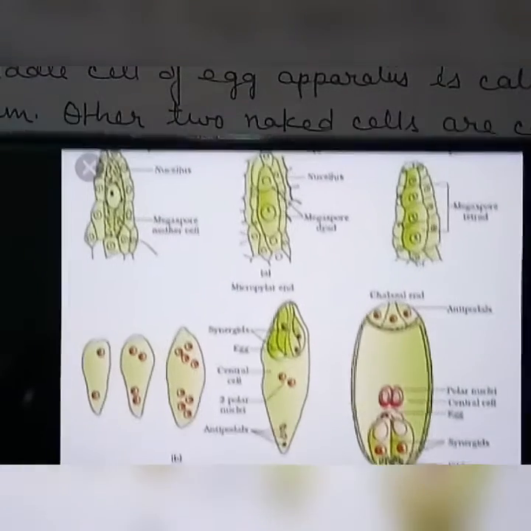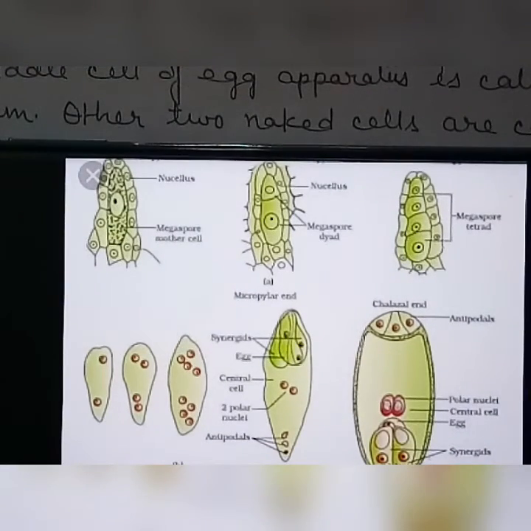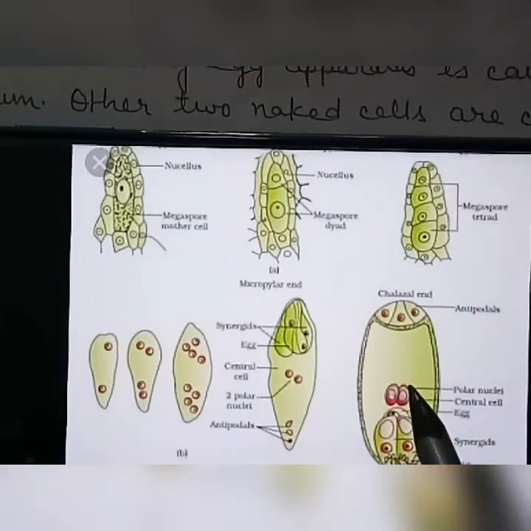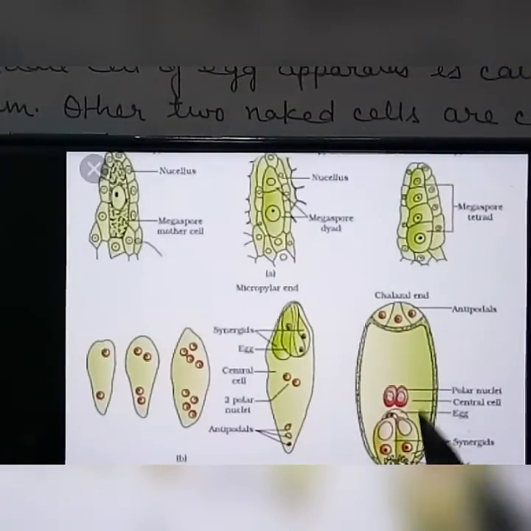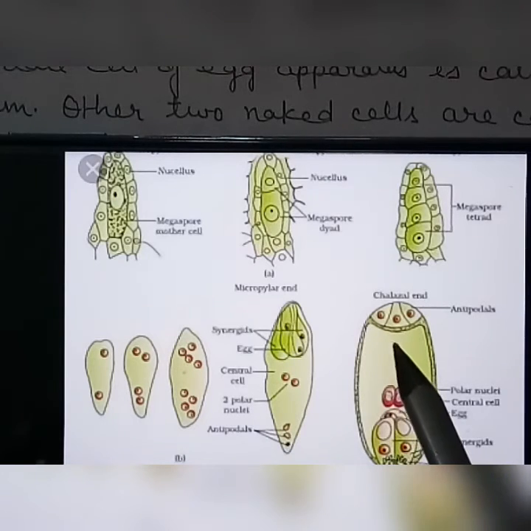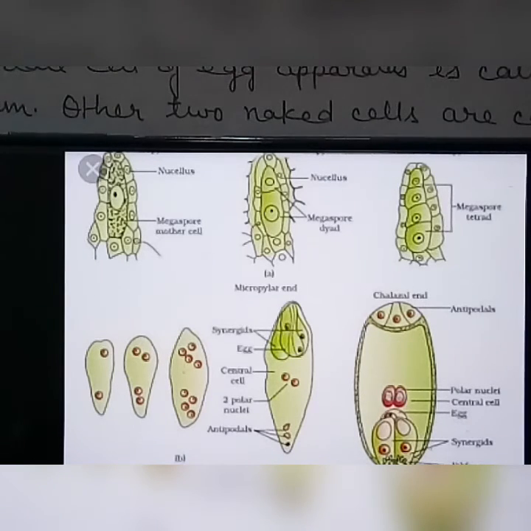So, the fully developed embryo sac is an 8-nucleate but 7-celled structure, because the central cell of the embryo sac has 2 nuclei, whereas the 3 antipodal cells and 3 cells of the egg apparatus have a single nucleus each.